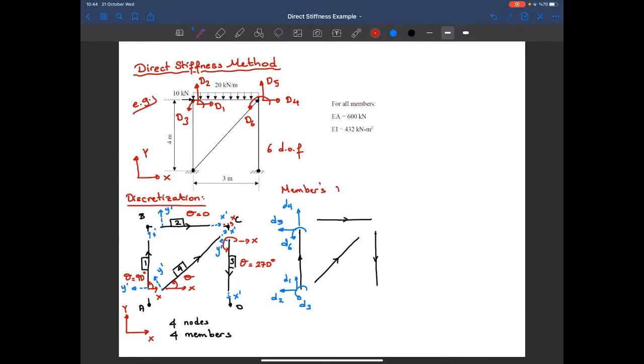So these degrees of freedoms are belonging to each member defined in the member's local axis.